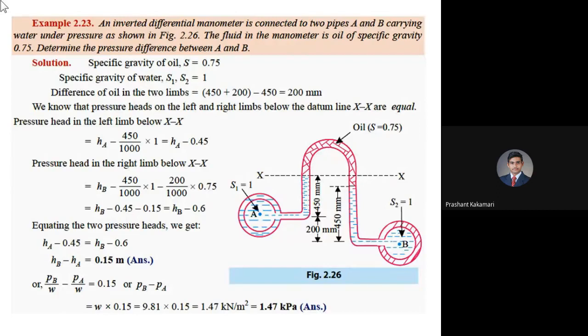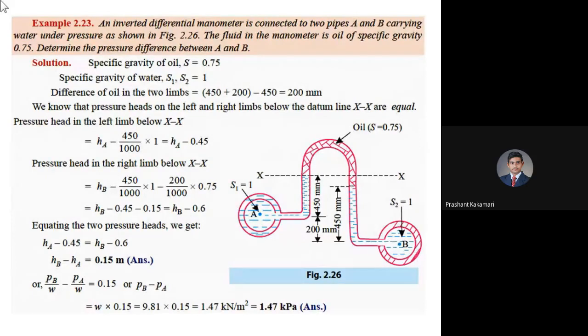That oil is pushed upwards because of the more pressure from pipe A. And pipe B, as per sketch, is comparatively lower pressure because oil head as well as the water head on the right side, both are trying to push towards PB. I hope all are understanding. The manometric liquid oil and the water head on the right side, both are trying to move towards pipe B because of the more pressure on left side.